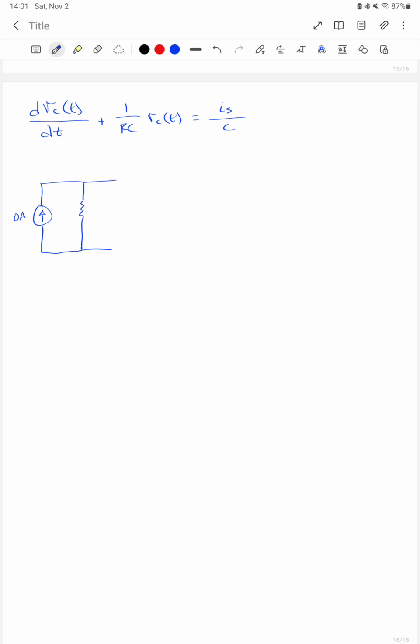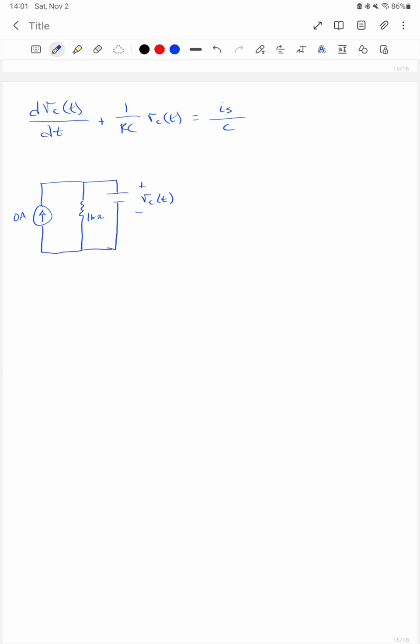And this VC is still exactly the same, VC of t. Okay, so what changed here? This is still 1 kilo ohm because this is from our Norton equivalent.